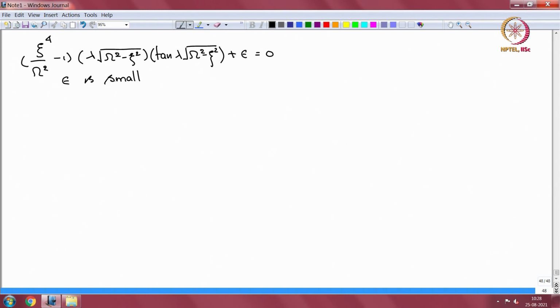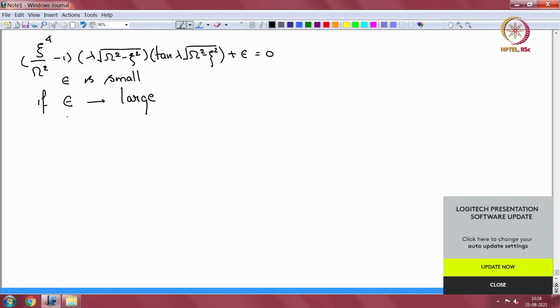So, if epsilon becomes large, then what we do is we write epsilon as 1 over epsilon dash, okay, where epsilon dash is a small parameter.